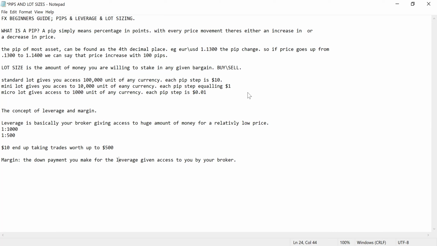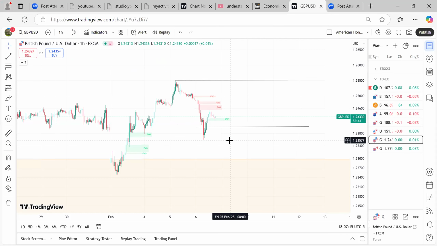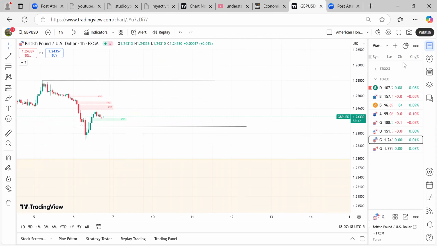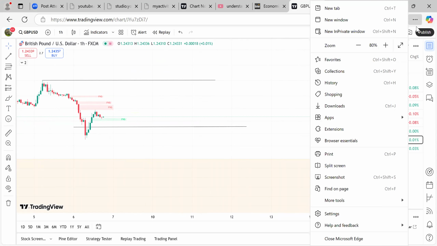So let's look at the charts. For example, we're talking about how to spot decimal places. You can see this is GBP USD.